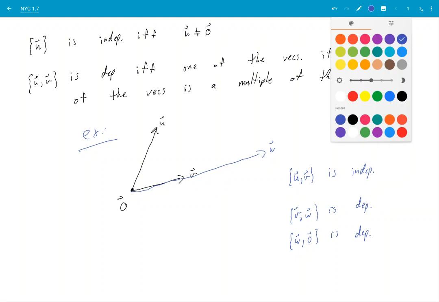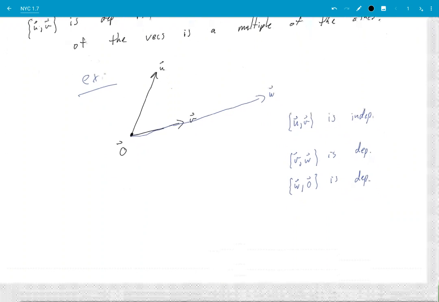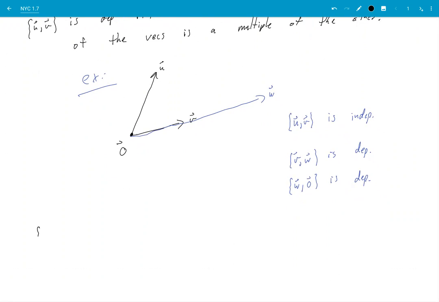Okay, how about three vectors? For your consideration, consider U, V, W where all vectors are not 0.